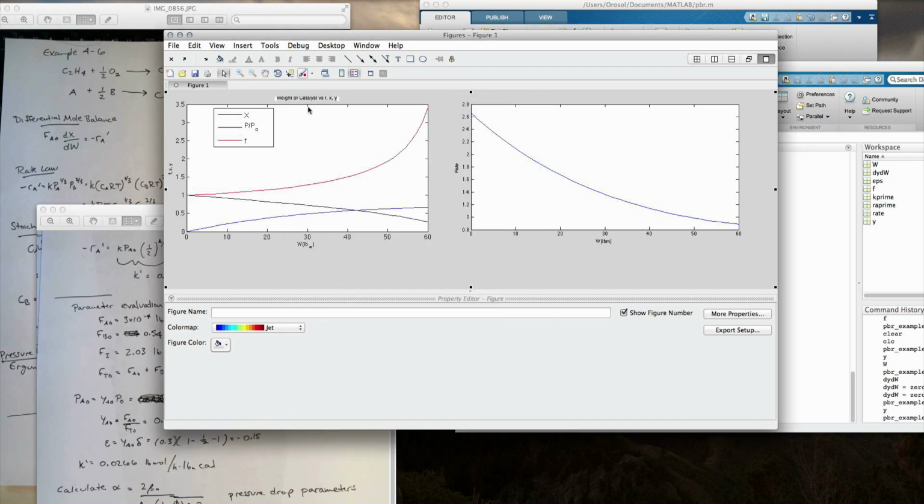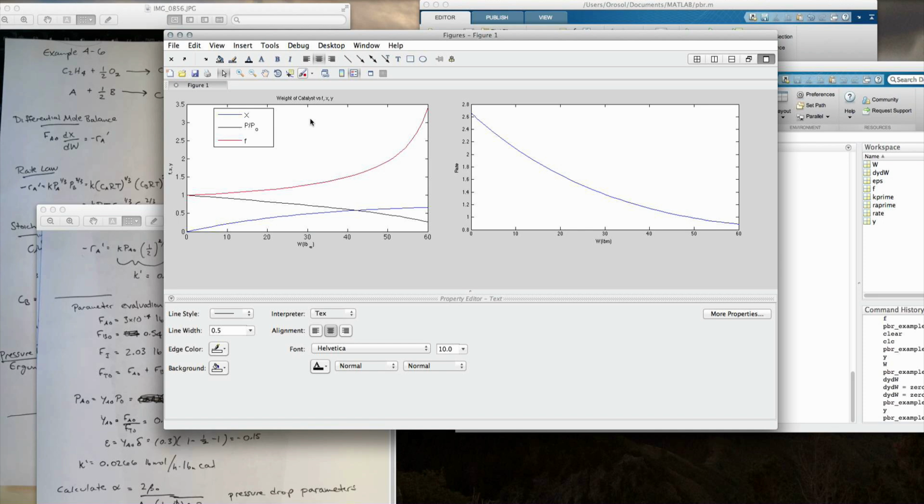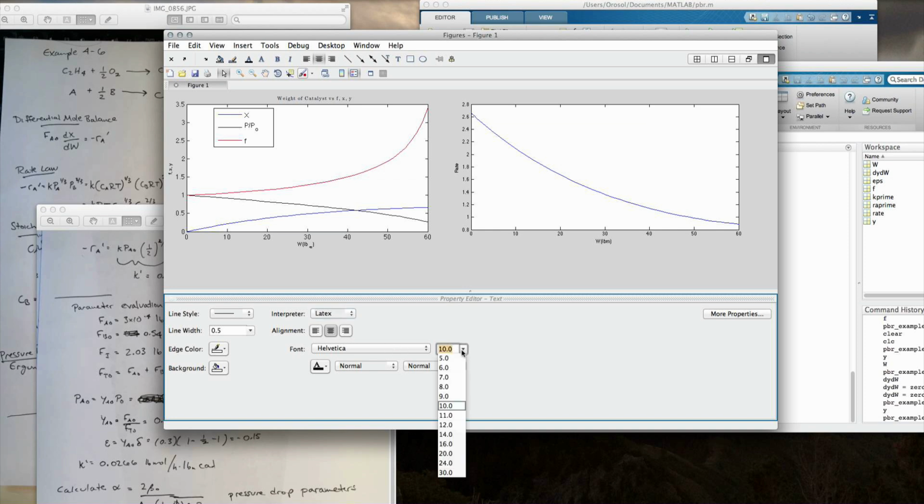All right, so if I change that, I can also change this font, so make the title 14, and change all kinds of things in here.